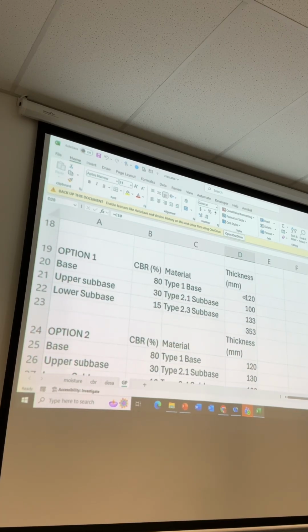Everybody agree? So I just copied down here the total thickness, so I just need to subtract the previous two to get the third thickness.